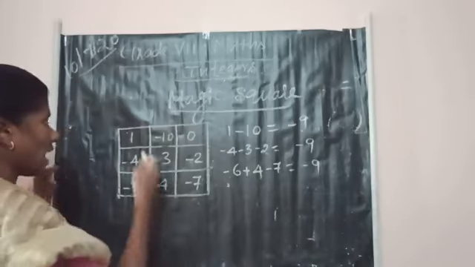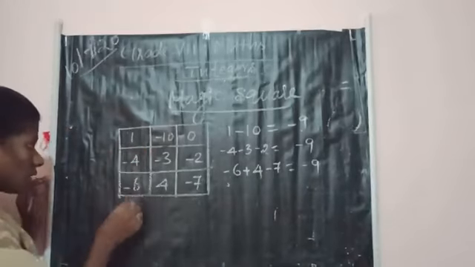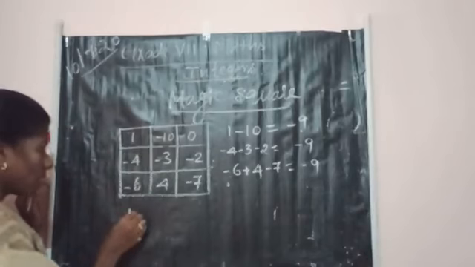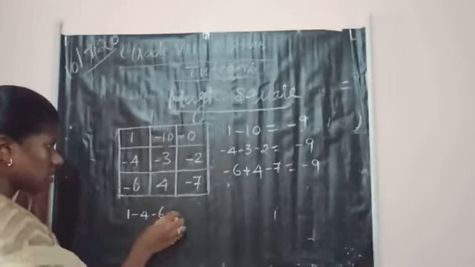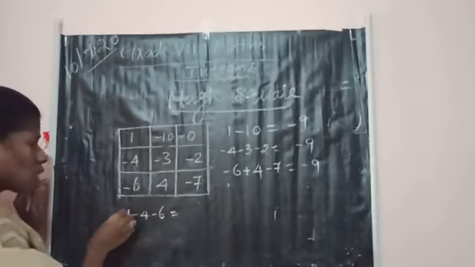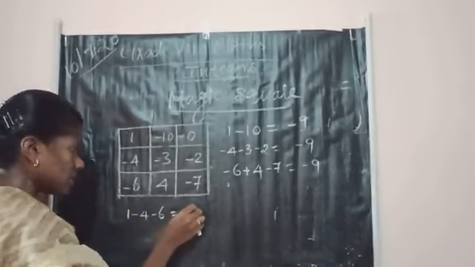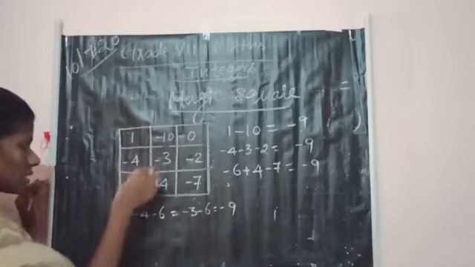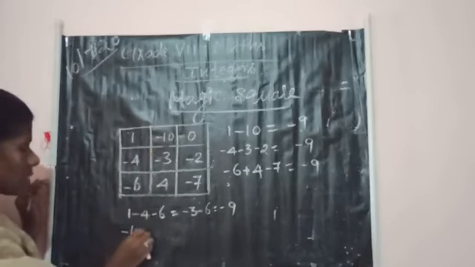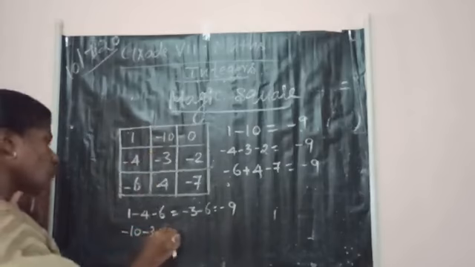Next I am going to add the columns. The first column is 1 minus 4 minus 6. Adding 1 minus 4 gives minus 3, and then minus 6 gives minus 9. The second column is minus 10 minus 3 plus 4.